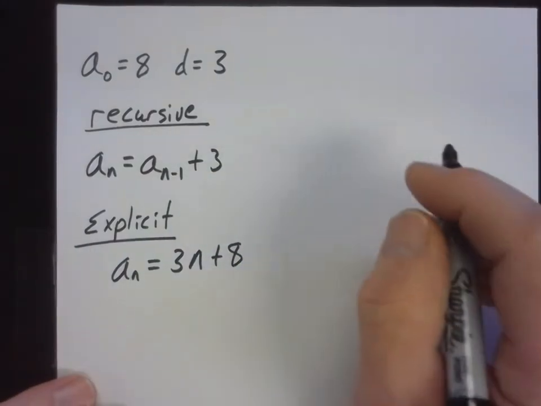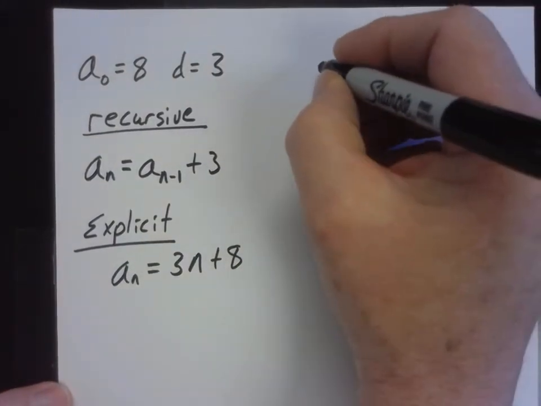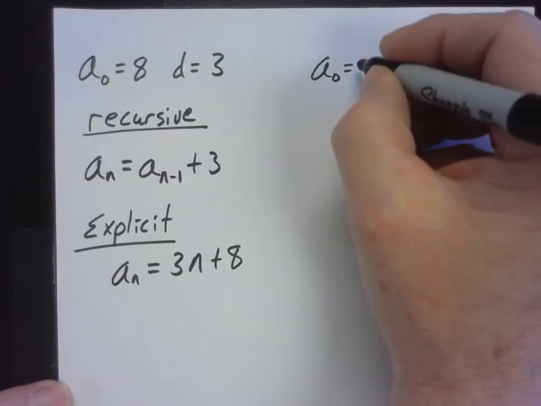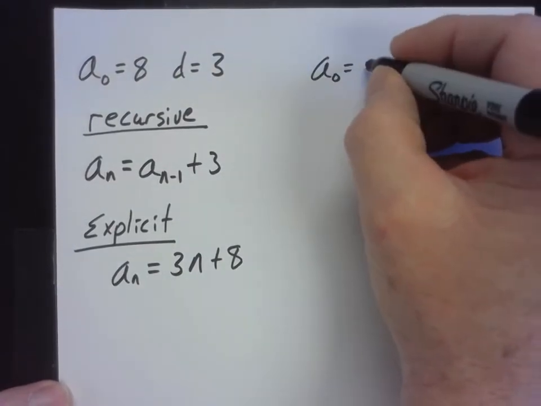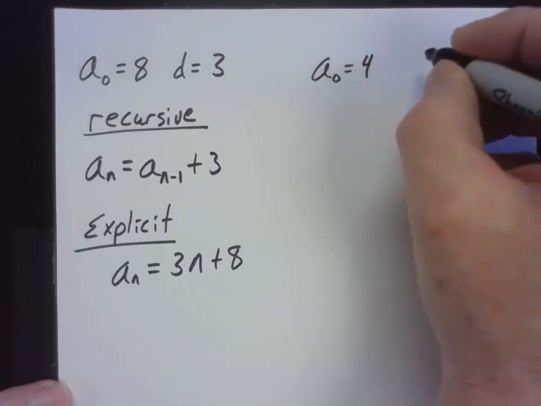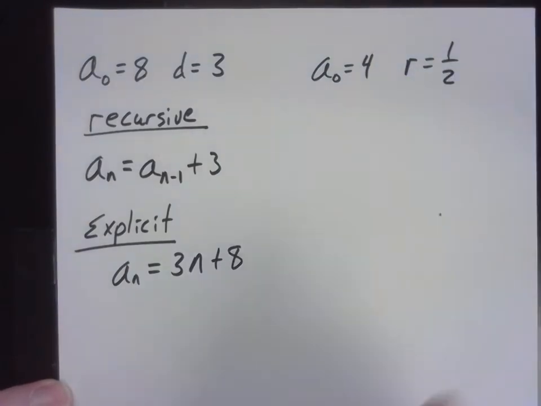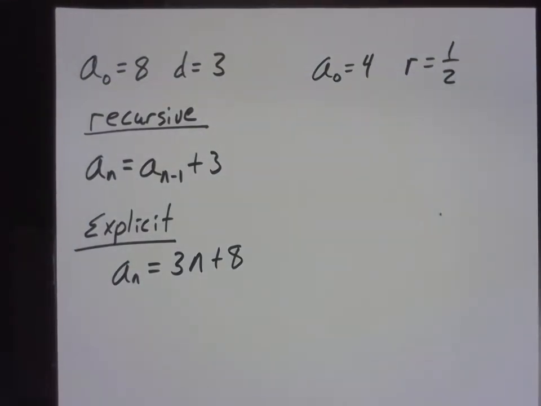So let's now look at a geometric series. Let's say a sub 0, or a sub naught, I should probably say, is 4, and the common ratio is a half. Okay, so how do I get the next one all the time? What do I times by half?